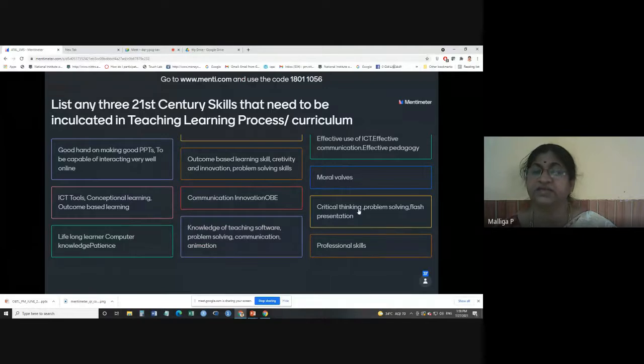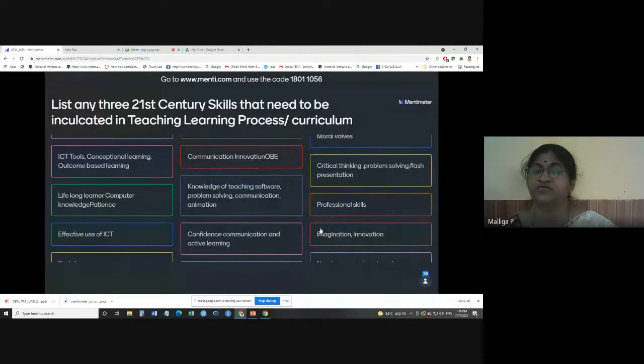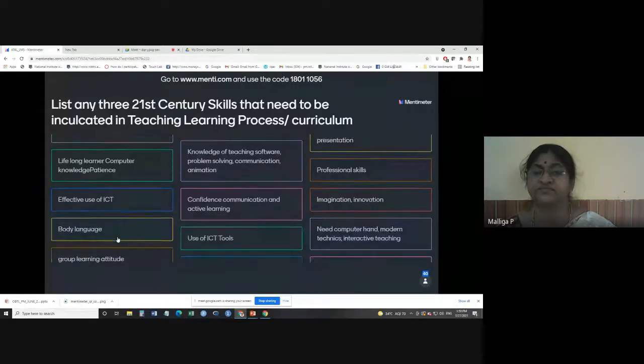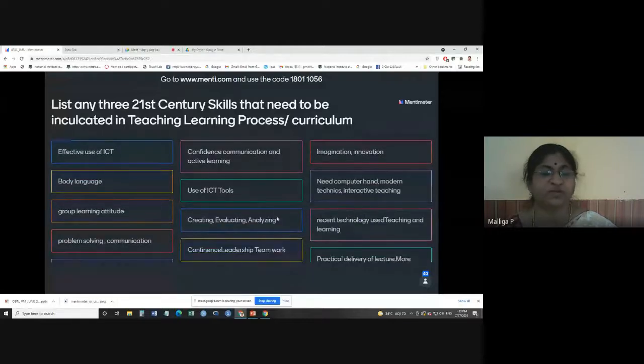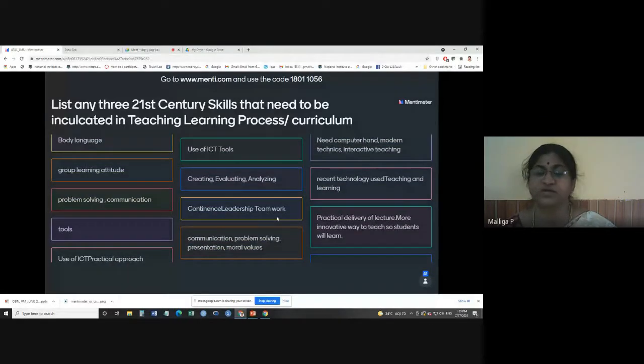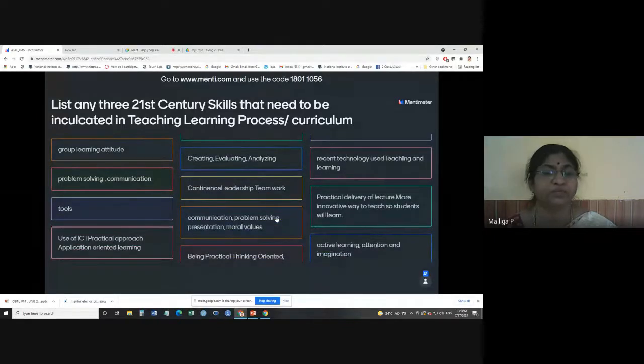Critical thinking, moral values, very nice. Lifelong learner, computer knowledge, definitely patience, right? Knowledge of teaching software, professional skills, effective use of ICT, imagination and innovation. Good. So 40 people have given their input. There are around 120 people.